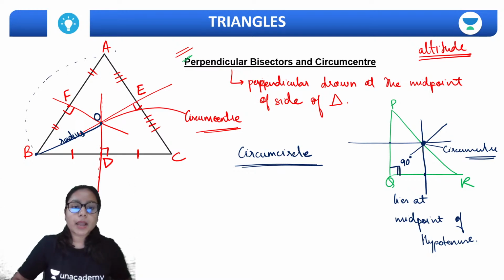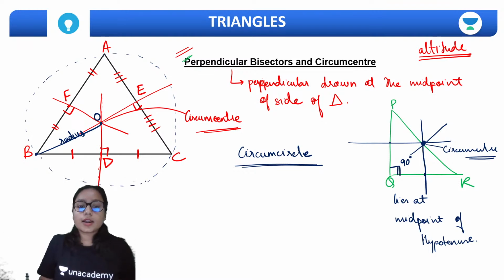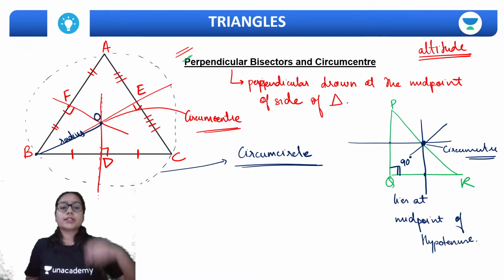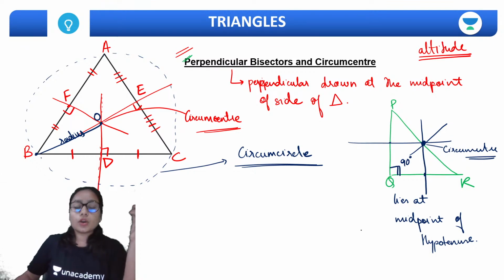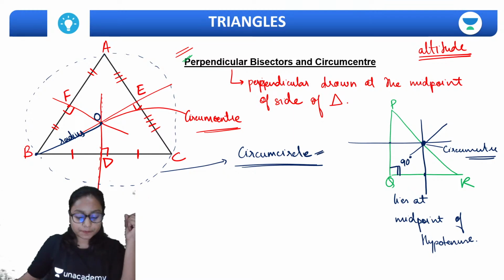Okay, so this is going to pass through A as well as C. This is the circle. Alright, so this circle is known as the circumcircle. So the circle which is drawn taking circumcenter as the center and radius equal to OB is a circumcircle.